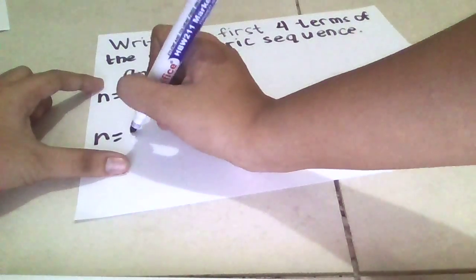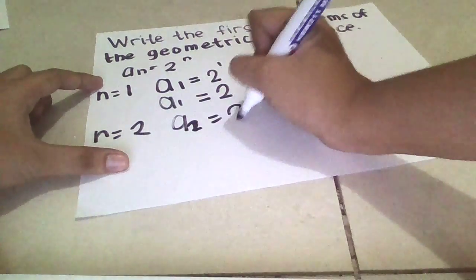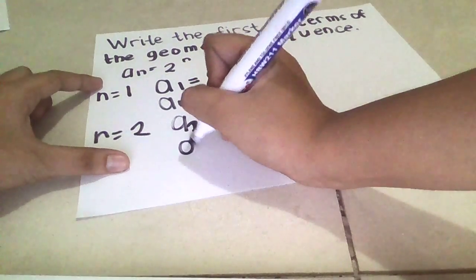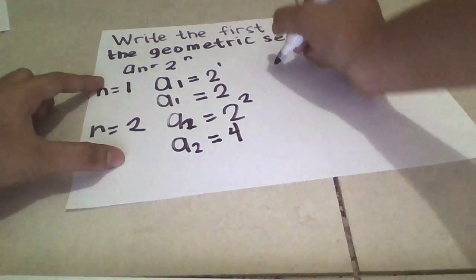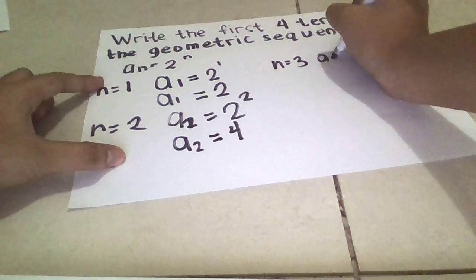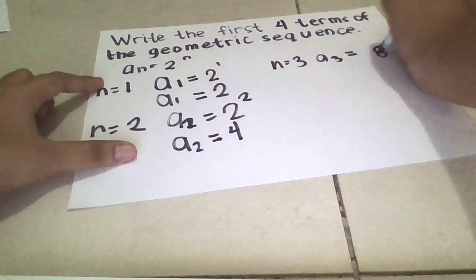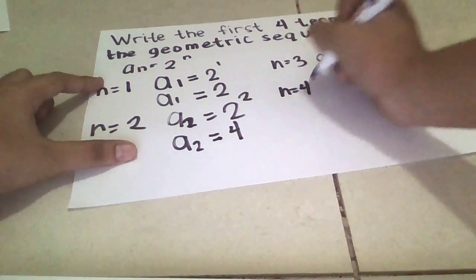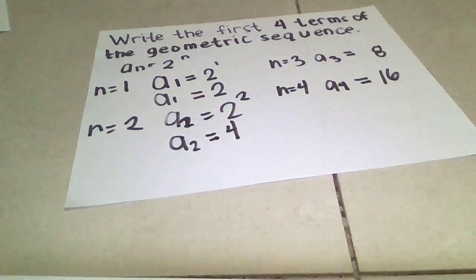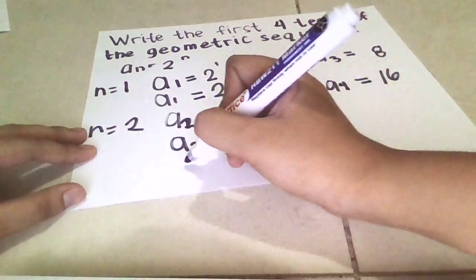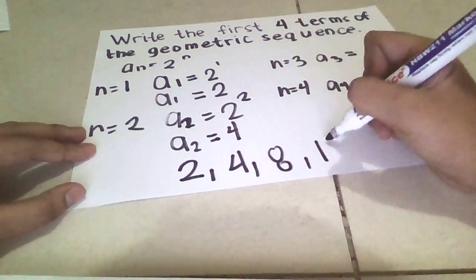A sub 2 is 2 squared, which is 4. A sub 3 is equal to 8. A sub 4 is equal to 16. So the first 4 terms are 2, 4, 8, and 16.